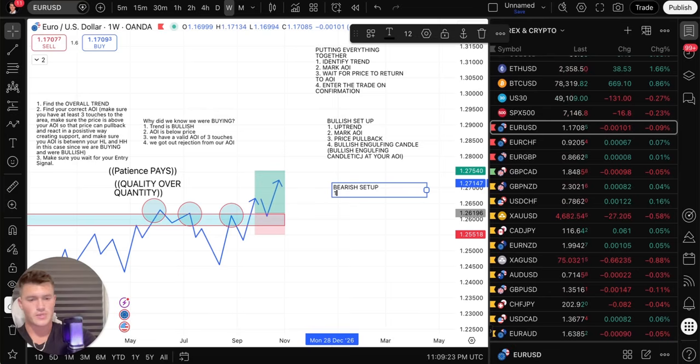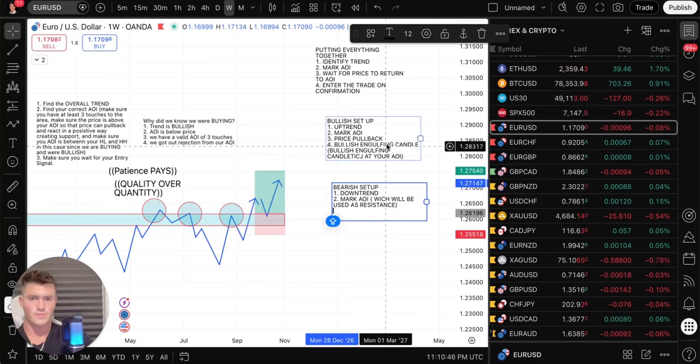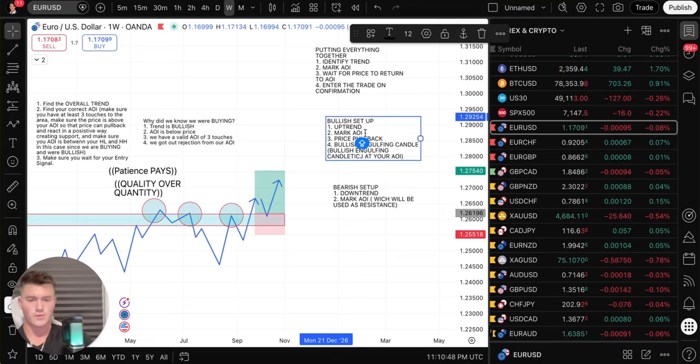It's just opposite. One, downtrend. Two, mark areas of interest, which will be used as resistance. Let me do that up here too, just so that you guys have this.